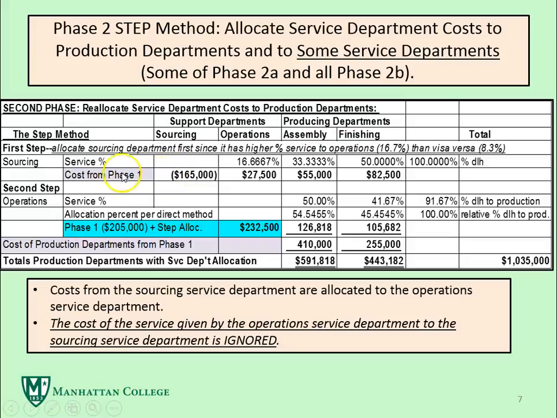So allocate the $165,000 costs from phase 1 from the sourcing department to the operations department, the assembly department, and the finishing department.